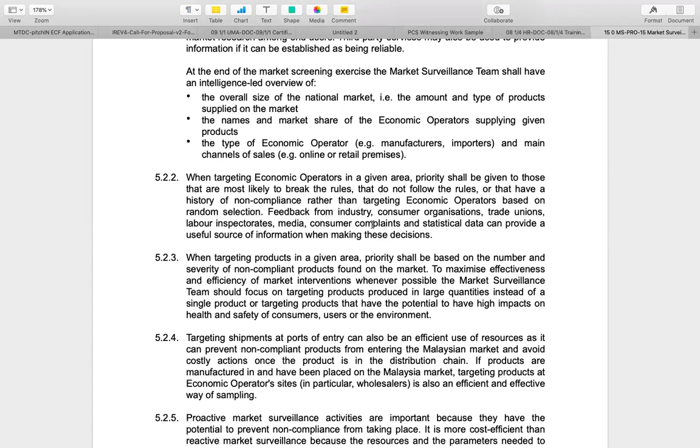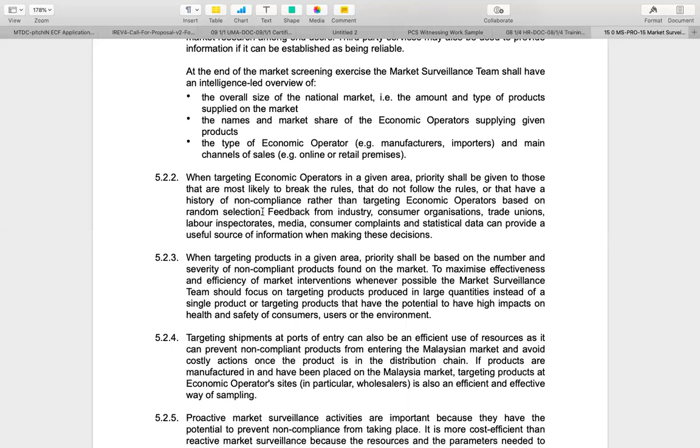Here when targeting economic operators, basically these are the retailers and the channels. Priority shall be given to those that are most likely to break the rules. Sometimes we know, from information given by our other certificate holders or even by the regulators themselves, to target certain of these retailers or channels, maybe like e-commerce sites.